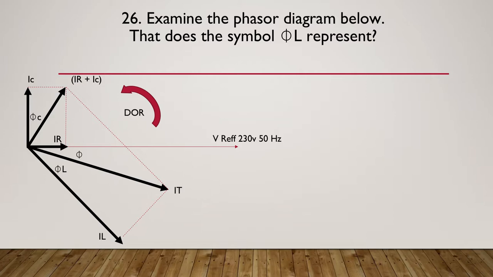So again, examine the phasor diagram below. What does the symbol theta L represent? So examine the phasor diagram. What does the symbol theta L represent? Pause the video and have a think.